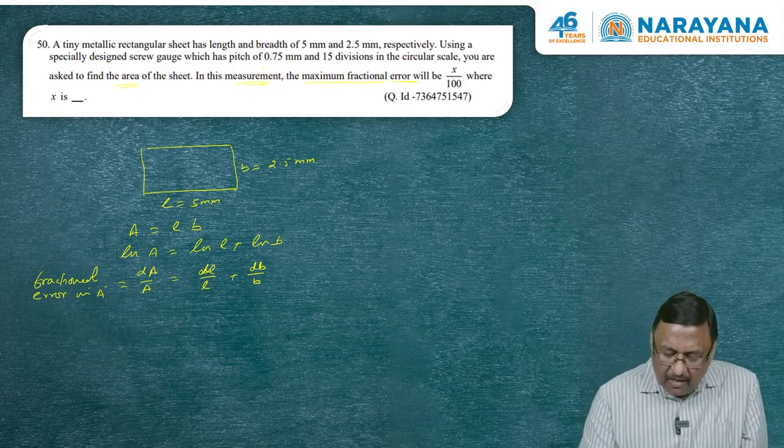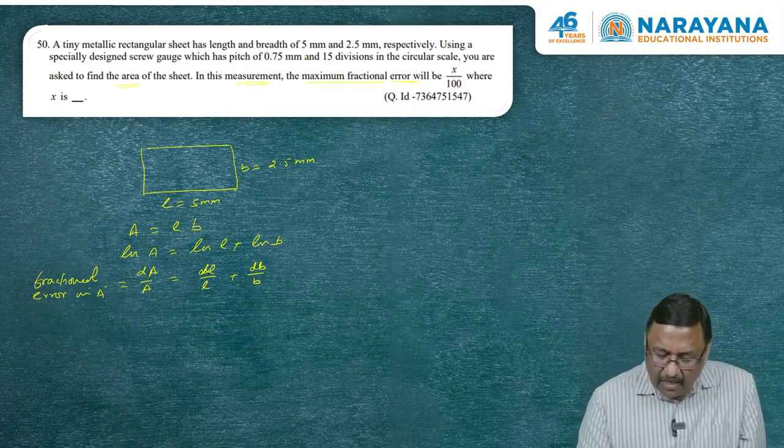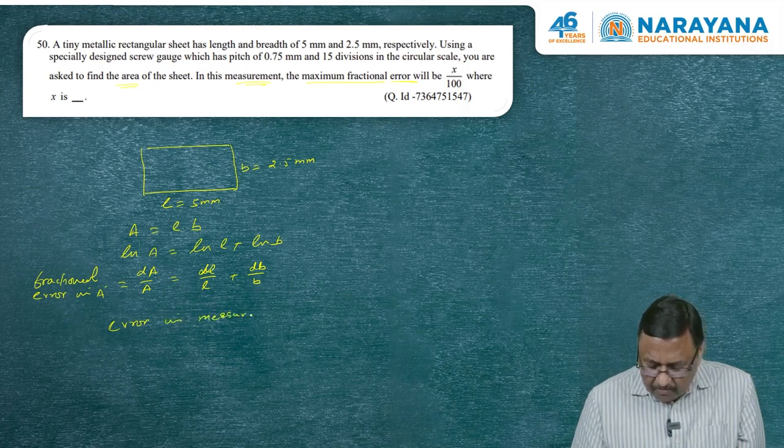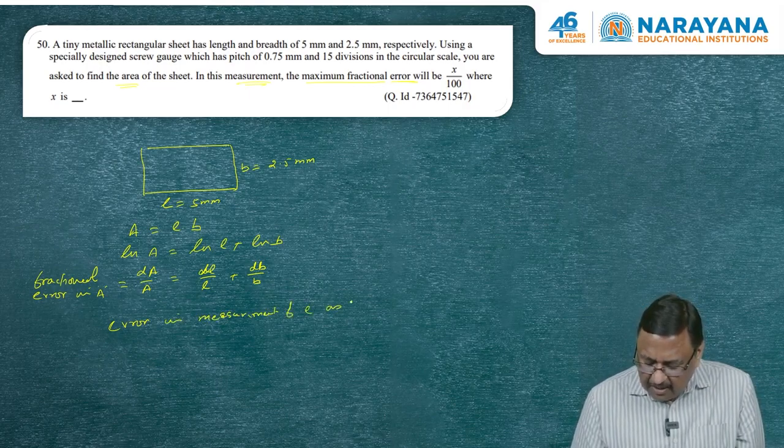So the error in measurement of L as well as B is nothing but the least count of your screw gauge.